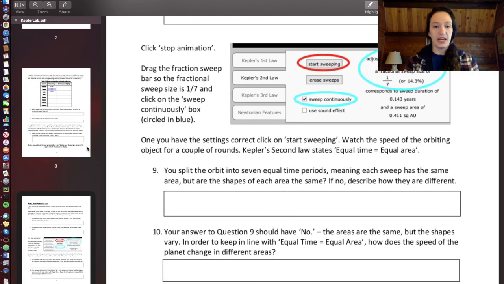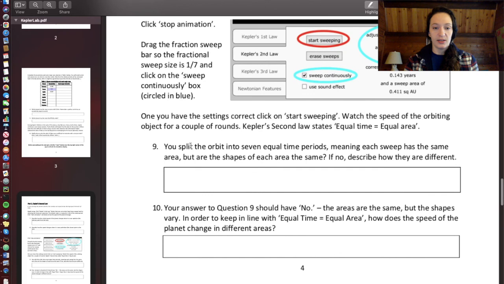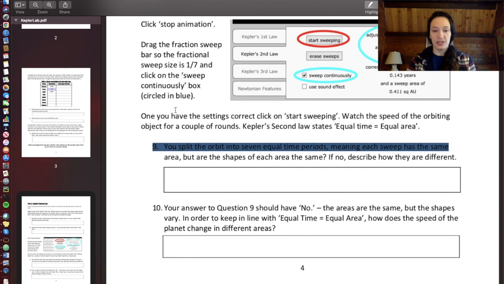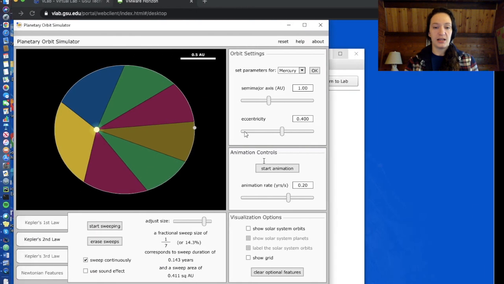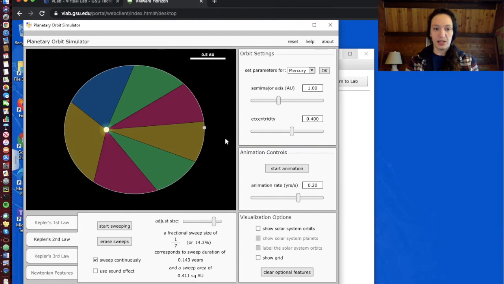So then number 9 says, if you split the orbit into 7 equal time periods, meaning each sweep has the same area, are the shapes of each area the same? If no, describe how they're different. This is worded a little funky. Basically what it says is we have split this orbit up into 7 parts. That's why we set it to 1/7 fractional sweep size.